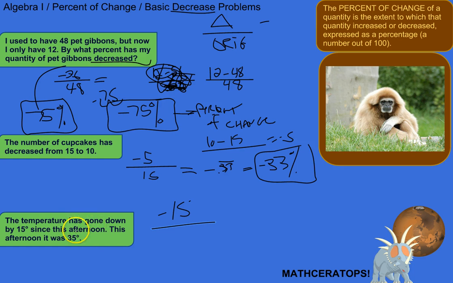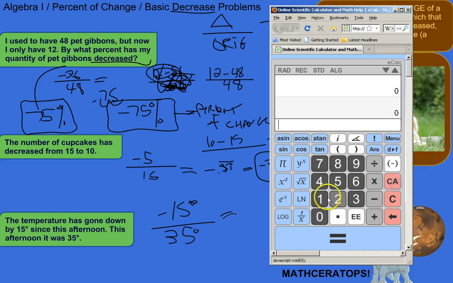Since this afternoon. This afternoon it was 35 degrees. So it used to be 35 degrees. But it went down by 15 degrees. So what is that percent of change? So let's turn that into the decimal equivalent. So 15, oops, I want to do negative. Well, I'll just make the answer negative.